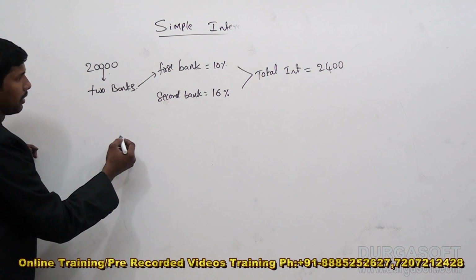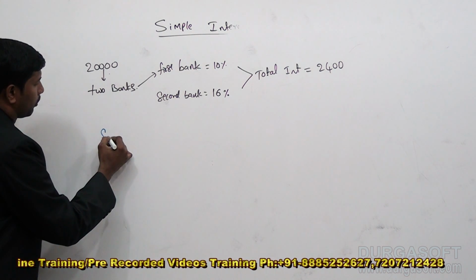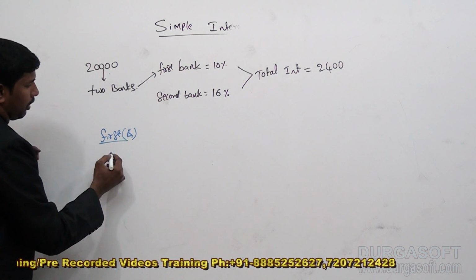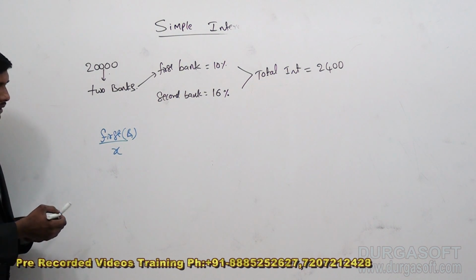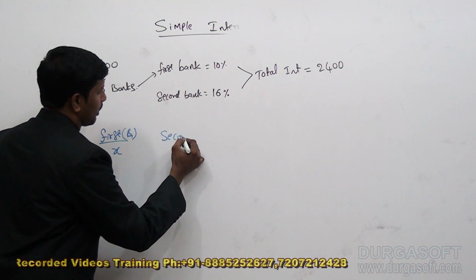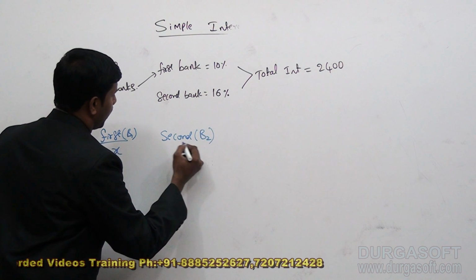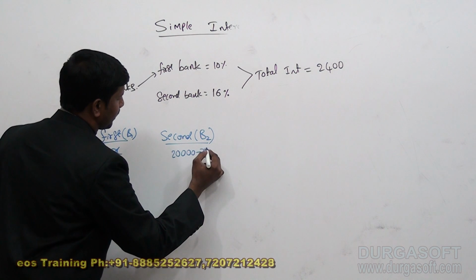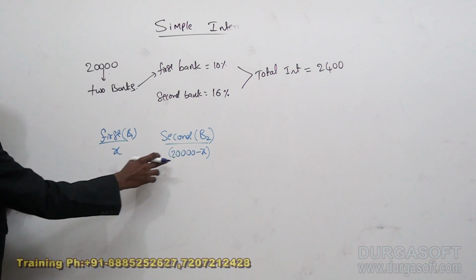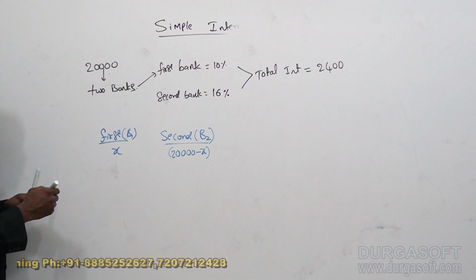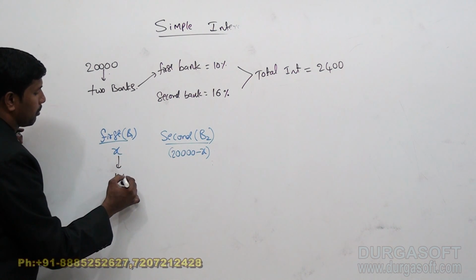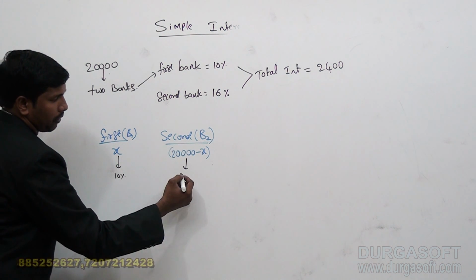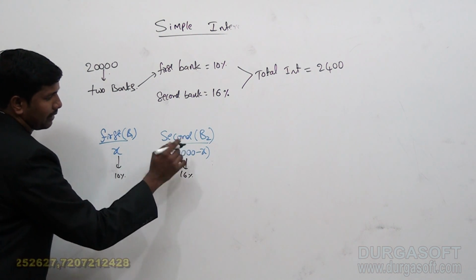Suppose I take the first bank as B1, I don't know the money, so let us take X, and the second bank as B2, and it is 20,000 minus X. Because it is X, it will be 20,000 minus X. The rate of interest here is 10%, and here it is 16%.